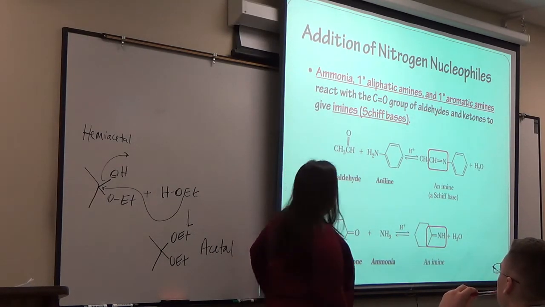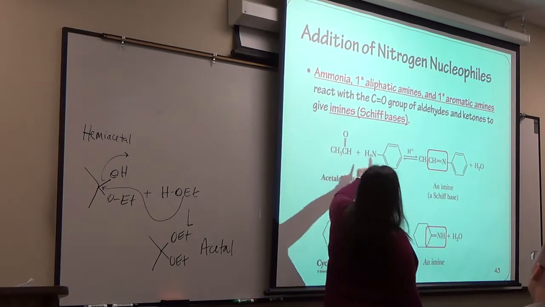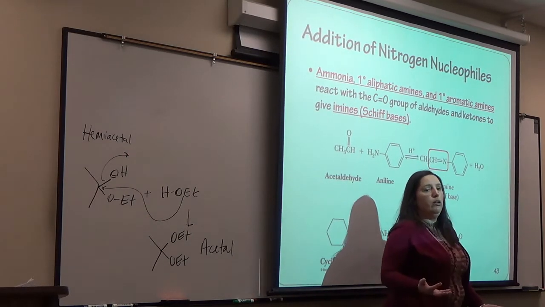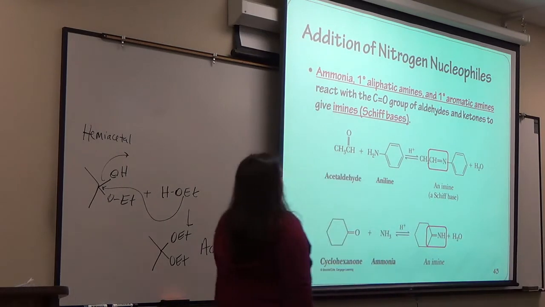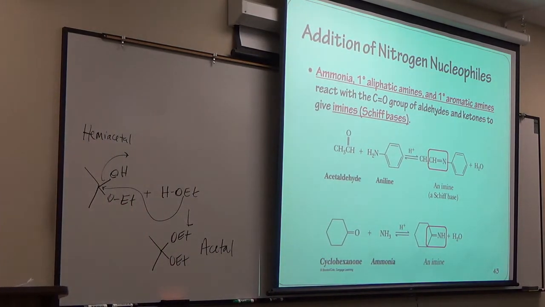What is the new bond between the nitrogen and the carbon of the carbonyl? Would you agree? Double bond. So we'll look at the mechanism to figure out why that is next time. These are called Schiff bases or enamines. So it would be great if you broke out the book and did some reading on Schiff bases. I think that would be a wonderful idea.